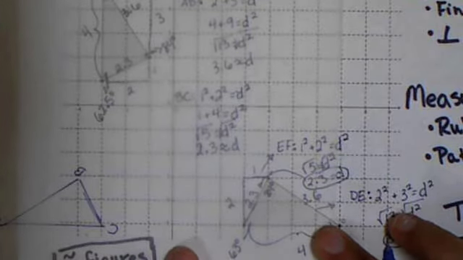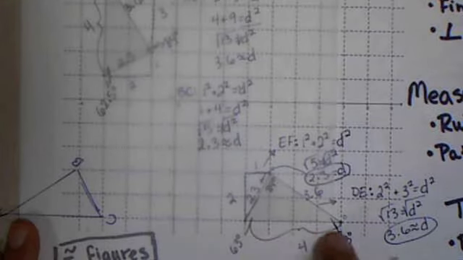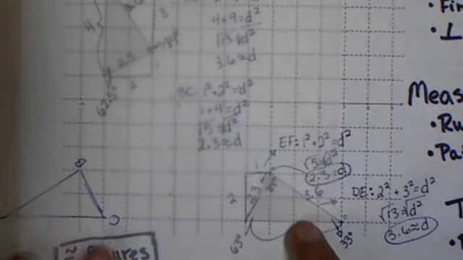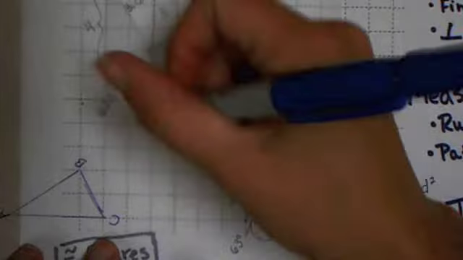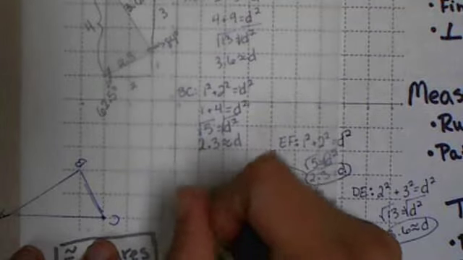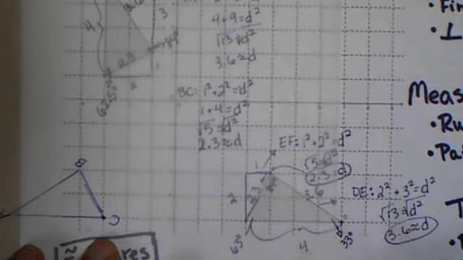So now I have side CA on the bottom, which corresponded to side DF. And I notice that this point here is 3 units from the y-axis, and this point here is 3 units from the y-axis. So it looks like I could just reflect it.